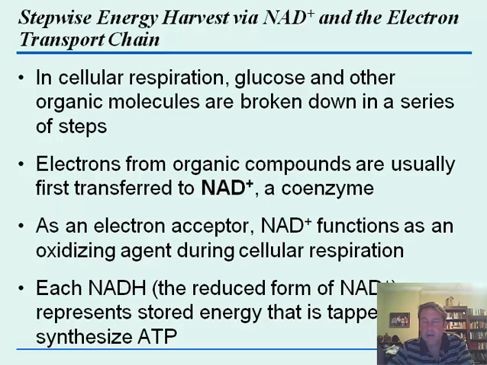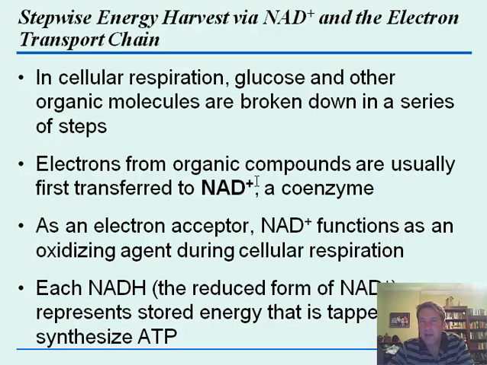So these electrons are broken down in a series of steps, and then the NAD can pick up those electrons. Again, the hydrogen is carrying it. NAD is short for nicotinamide adenine dinucleotide. That's the name of the compound there.